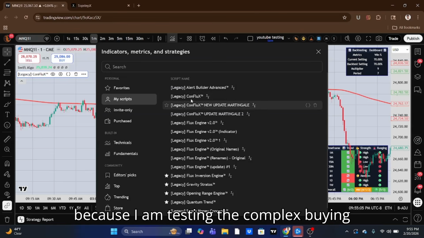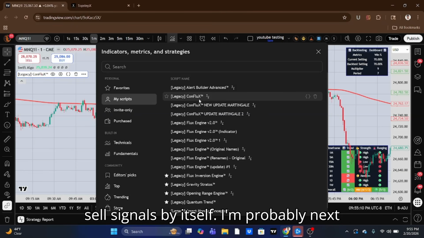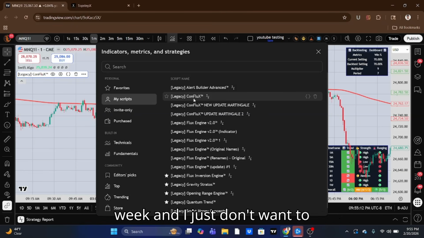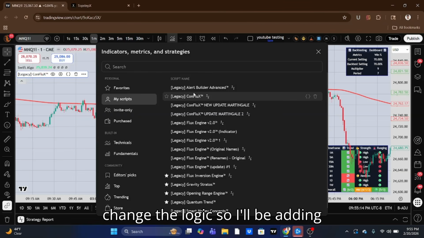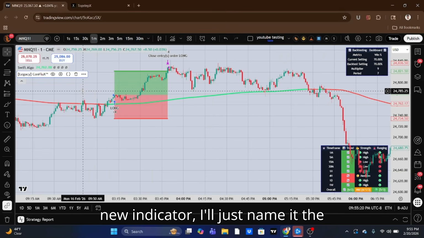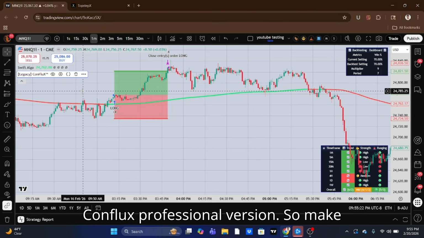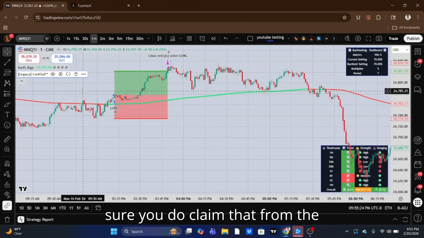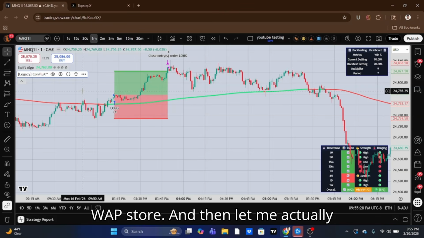I am testing the ConFlux buy and sell signals by itself probably next week, and I just don't want to change the logic. So I'll be adding the new version in a separate brand new indicator. I'll just name it the ConFlux professional version. So make sure you do claim that from the WAP store.